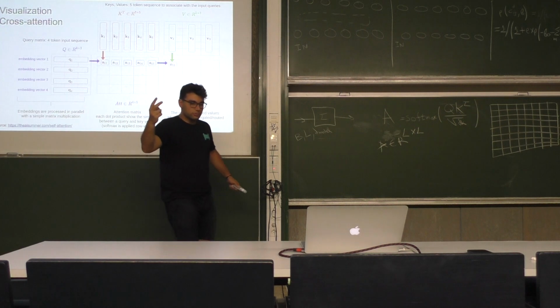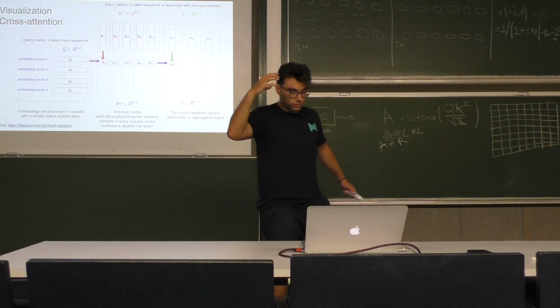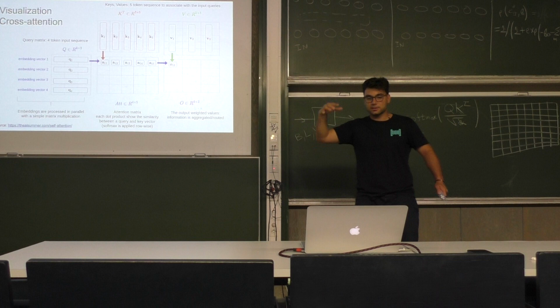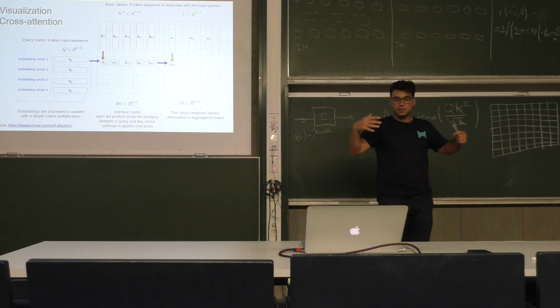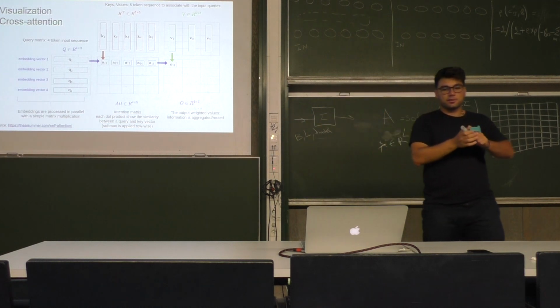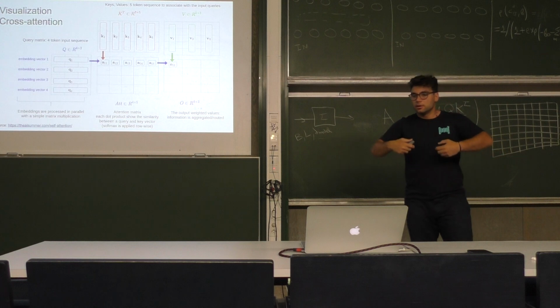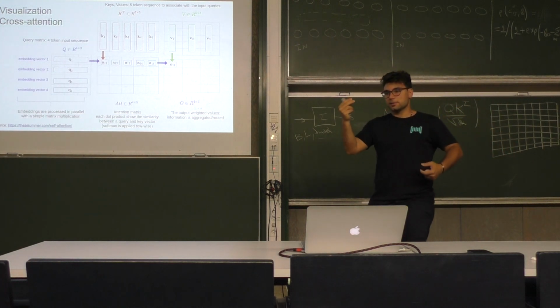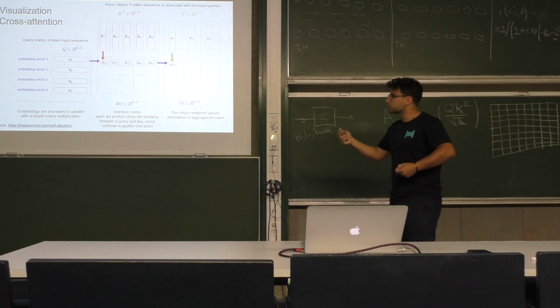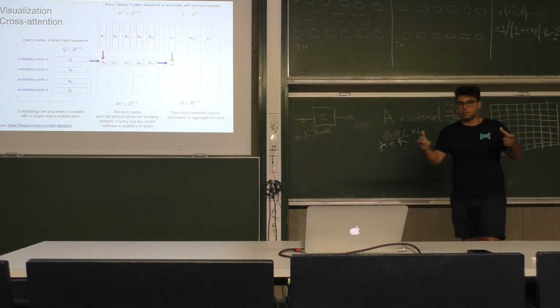And the second thing you need to be conscious of is that all of this, for all the input and output tokens with queries and keys, happens in parallel. This matrix multiplication computes all these pairwise relationships in one mathematical operation.